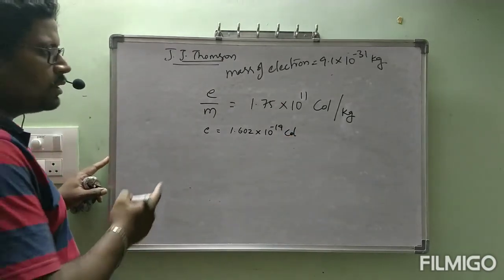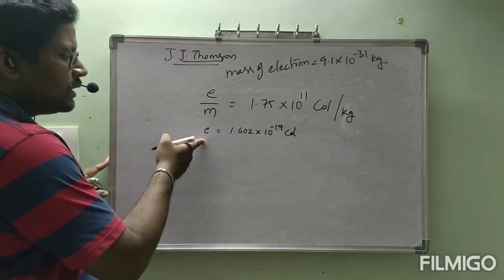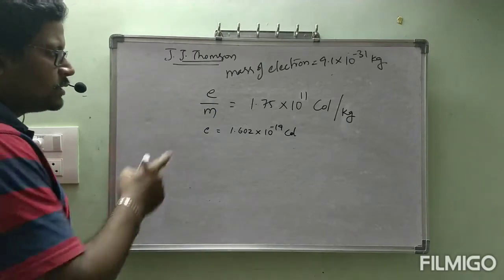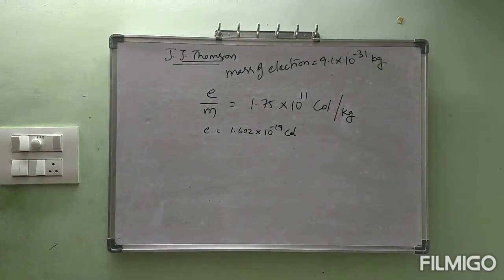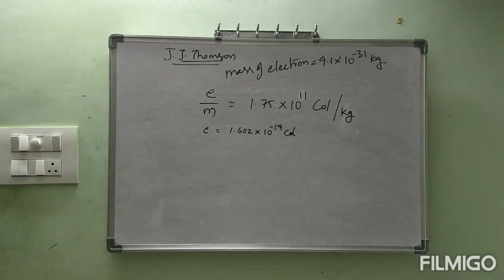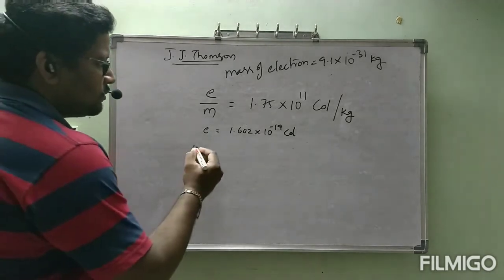Now substitute this E value in E by M. Observe the calculation, all of you. What is the E value? 1.602 into 10 power minus 19 coulombs.